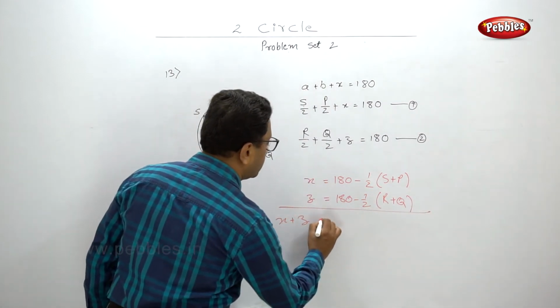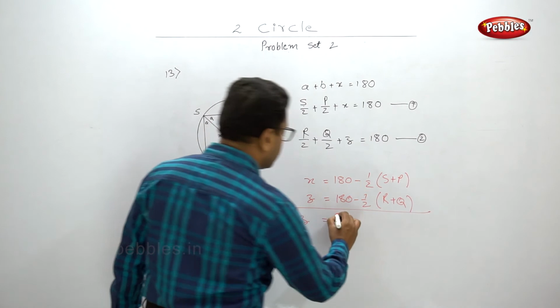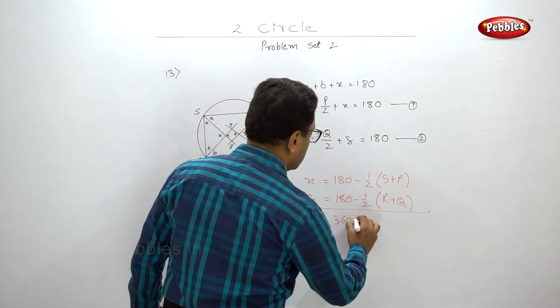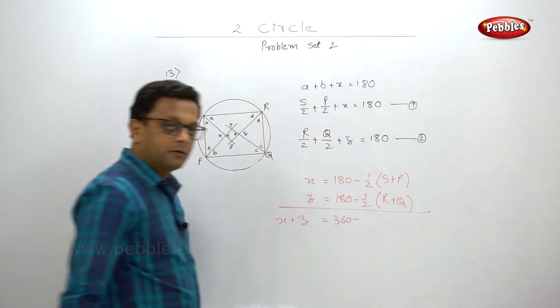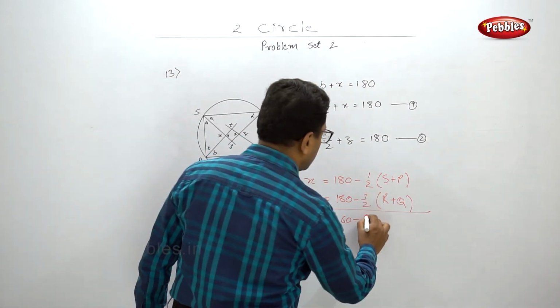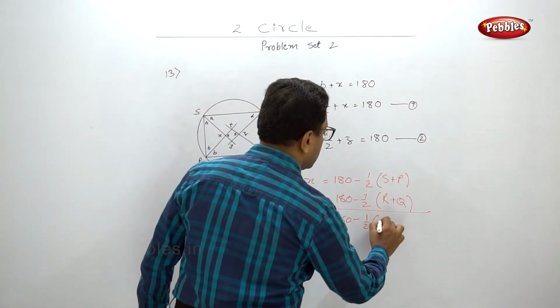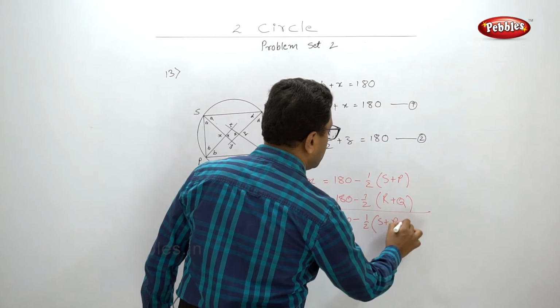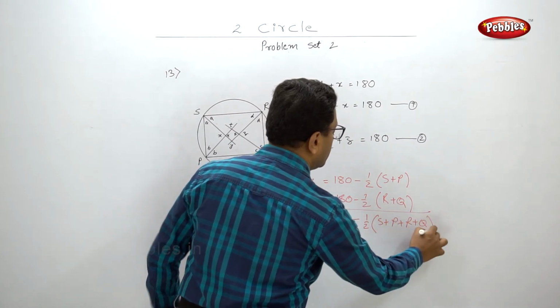X plus Z is equal to 360 minus half is common and S plus P plus R plus Q.